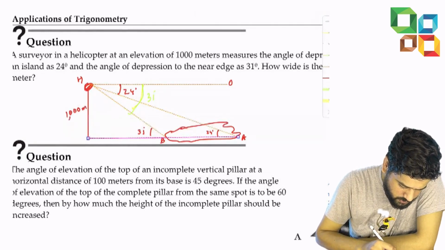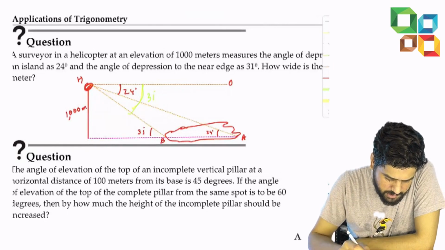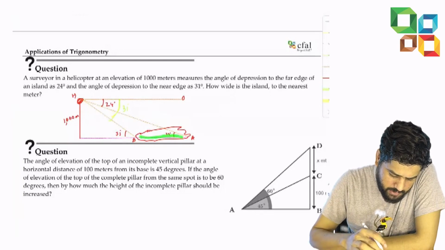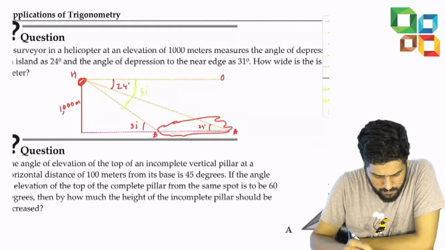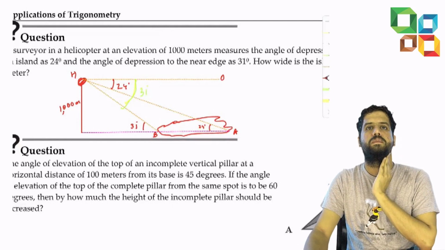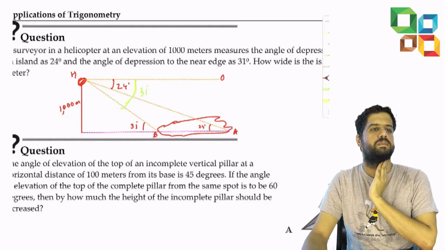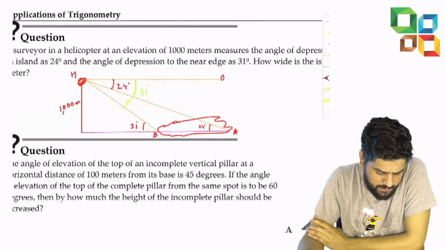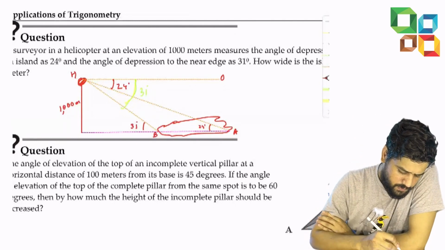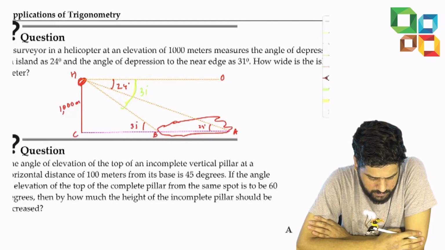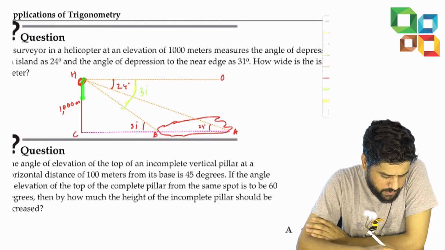So can you continue, Pranav? How do we find this now? They've asked to find the length AB, right? Can we find any length here? One length is given, 1000 meters.